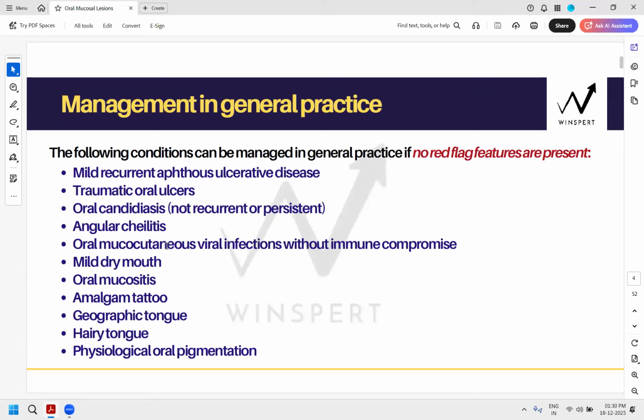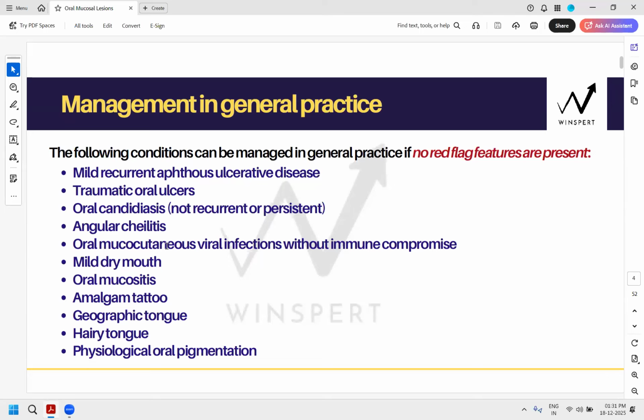That's why in the history, always look for the red flag. But in Mega Master, in Ultimate Advanced File, in UF2, you have seen so many questions on oral candidiasis and angular cheilitis. We are practicing so much how to investigate, what are the clinical presentations, what are the treatment and evaluations. In this chapter also, the oral mucosal lesion include the management of all of it, and we will slowly cover one by one every single lesion.